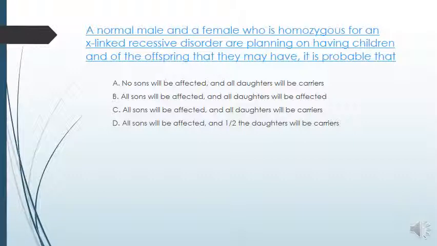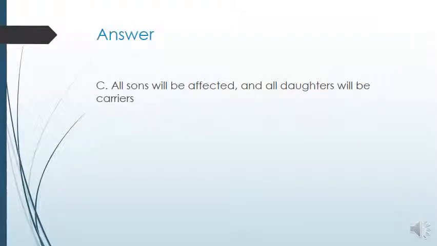B, all sons will be affected and all daughters will be affected. C, all sons will be affected and all daughters will be carriers. D, all sons will be affected and 1/2 the daughters will be carriers. The answer is that all sons will be affected and all daughters will be carriers.